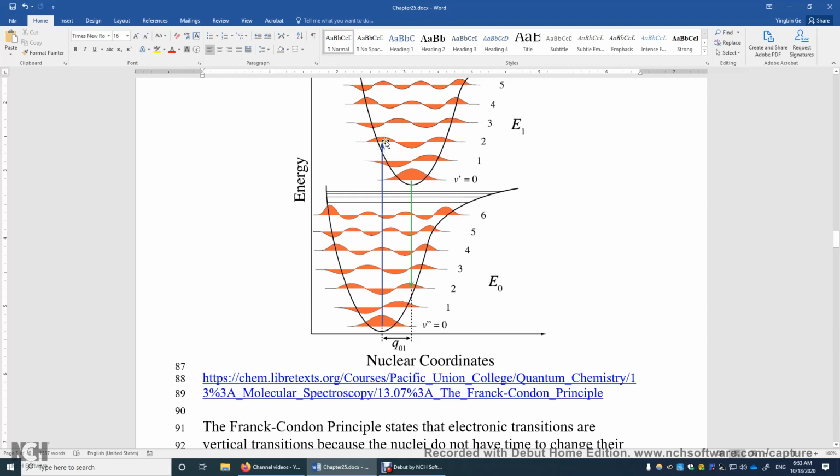But over here, you have the maximum overlap between this wave function. You see this peak here and over here. So that's why mostly you will observe this electronic transition from the ground to first excited electronic state is accompanied by some vibrational transition from quantum number 0 to quantum number 4.